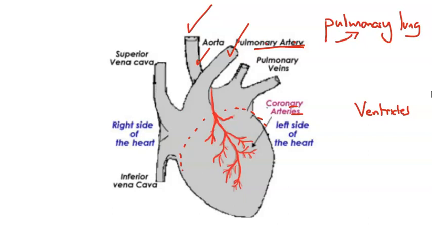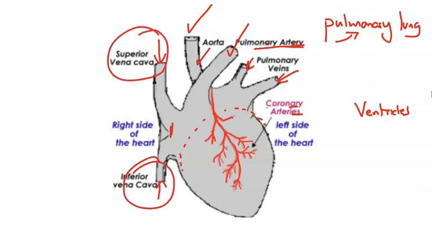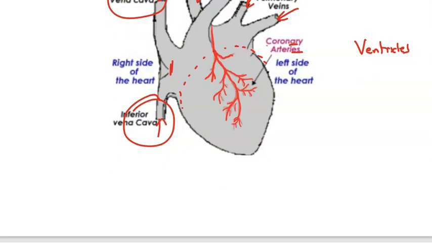The pulmonary veins, of course, are returning blood from the lung. And here we've got the superior and inferior vena cava converging into one structure. These are the blood vessels which return blood from the head and from the lower part of the body. So these are the major blood vessels that you would see on an external structure of a heart.